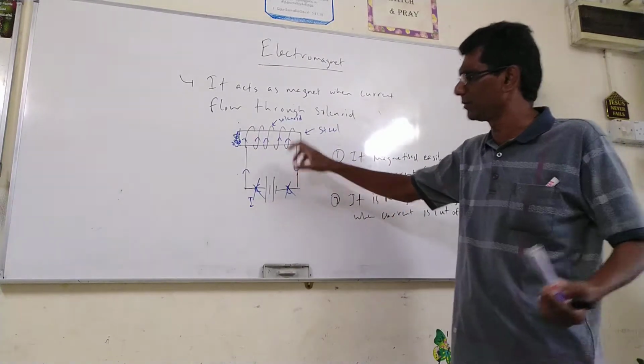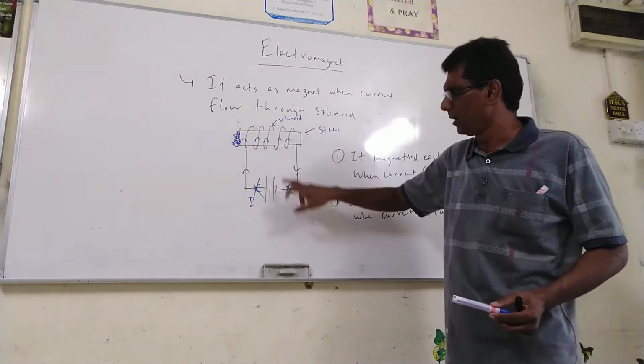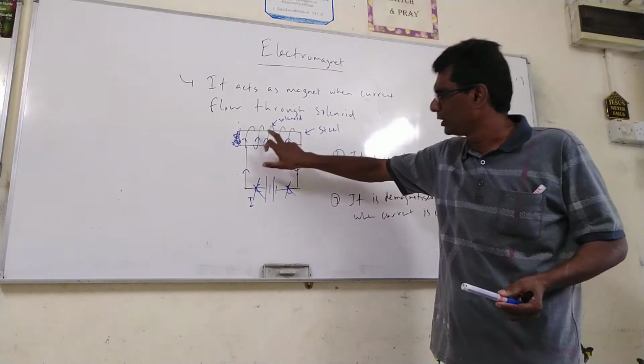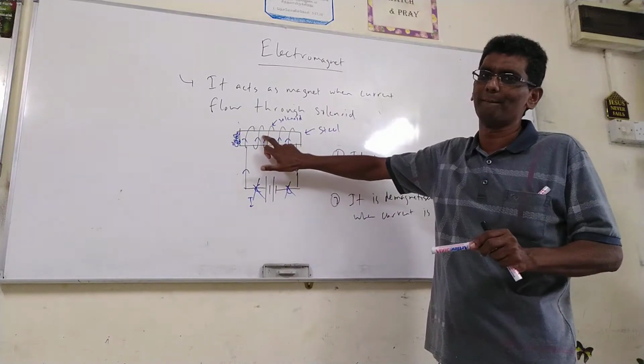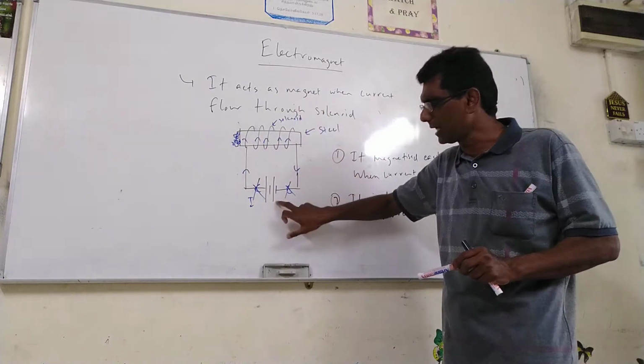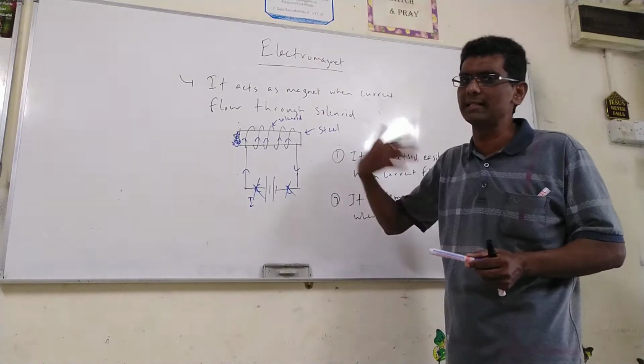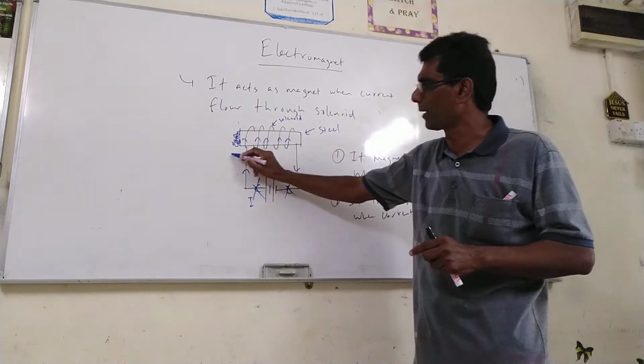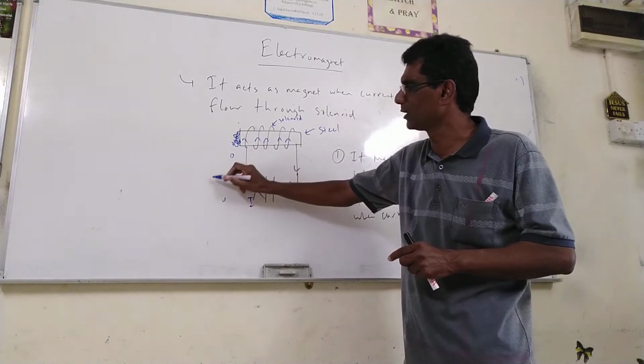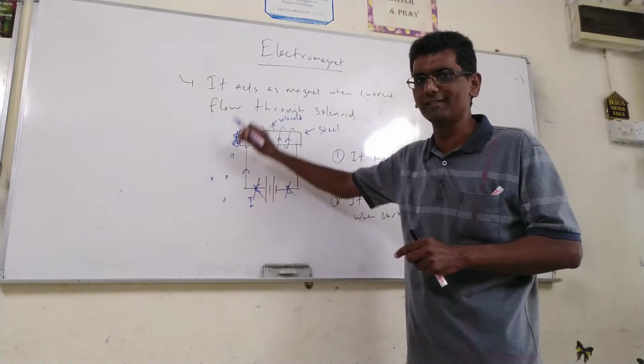So it will still stick. Even though the current is no more, it is still a magnet. When the current is cut off, it loses magnetism little by little, so the iron things drop one by one.